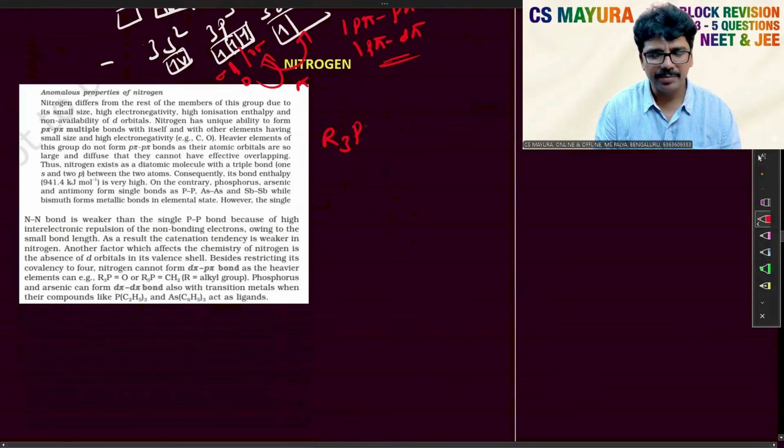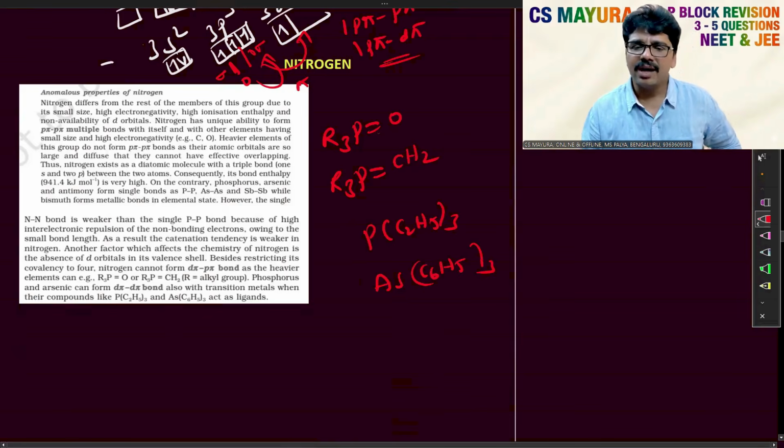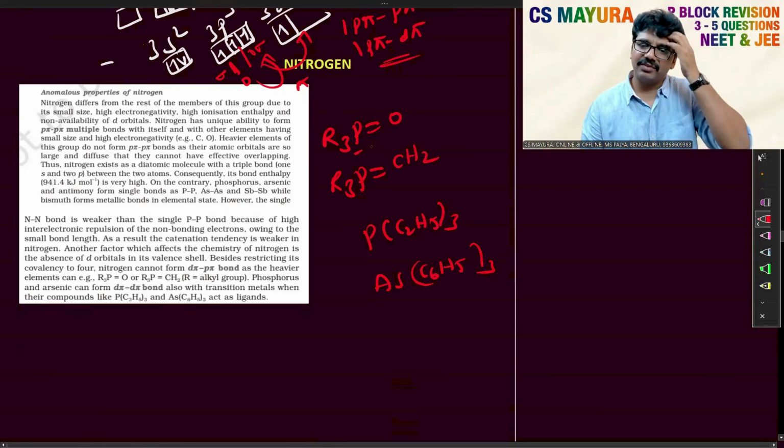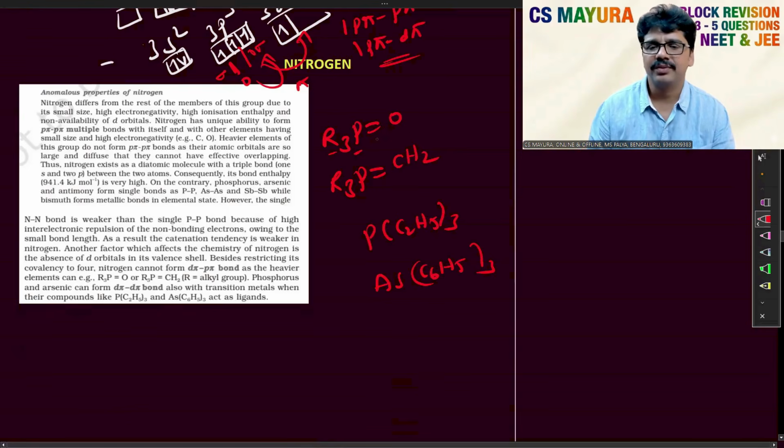They are given R3P double bond O, R3P double bond CH2, and P(C2H5)3, and As(C6H5)3. In R3P double bond O, phosphorus valency is 5. Already 3 bonds with alkyl groups, 2 bonds with oxygen, phosphorus valency is 5.